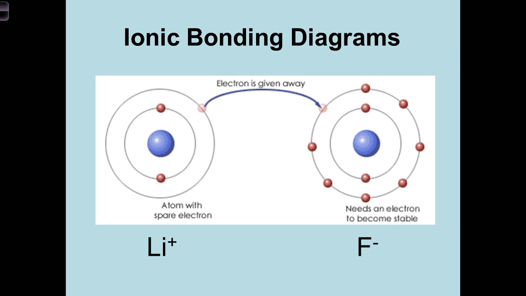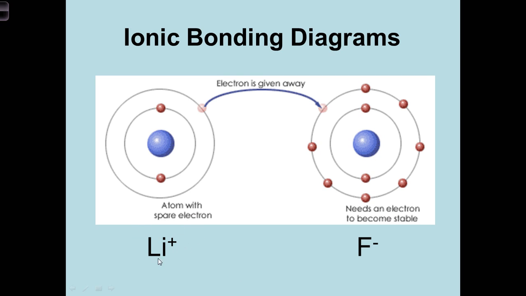If you were asked to draw a diagram showing the bonding between lithium and fluorine, we basically want you to draw a diagram, usually Bohr diagrams showing the electrons, showing that an electron has moved from the metal to the non-metal, and that the resulting atoms have become ions, that one is now positive.